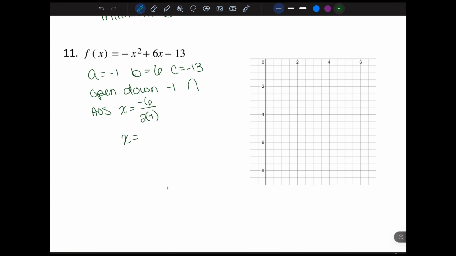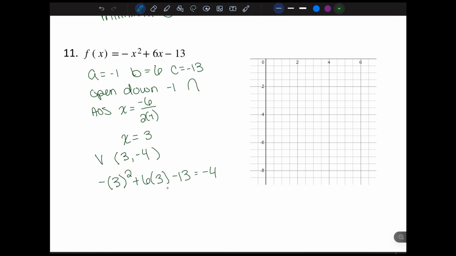So x is equal to negative 6 divided by negative 2, which gives me a positive 3. So to find my vertex, I'm going to plug that x value of 3 in. So I have negative 3 squared plus 6 times 3 minus 13, and that gives me a y value for my vertex of negative 4.